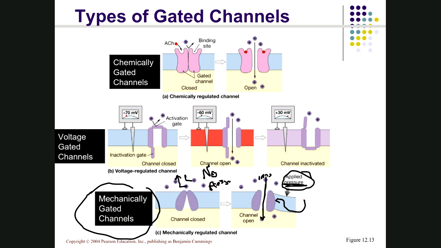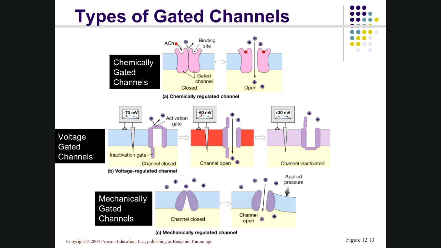And then finally, we have voltage-gated channels. So look, this is a voltage. It's like a voltmeter. Look, there are two electrodes, one on the outside, one on the inside. We're going to measure a voltage. Voltage is measured in volts, but we can also have millivolts.